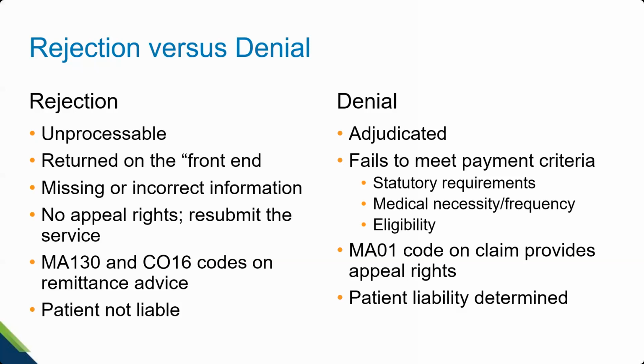Most often, with few exceptions, when a service is denied by Medicare, an MA01 code appears on the remittance advice. And that MA01 code on the remittance advice actually provides appeals rights to the provider or the patient, or both. When a service is denied, the patient liability is determined.